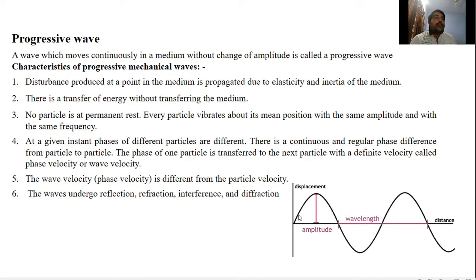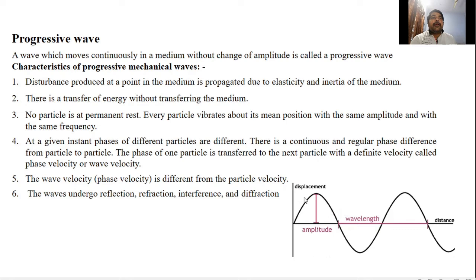If you assume two particles, one at this point and another at this point, the phase difference between these two particles is about 90 degrees. So that's why there is a continuous and regular phase difference from particle to particle.